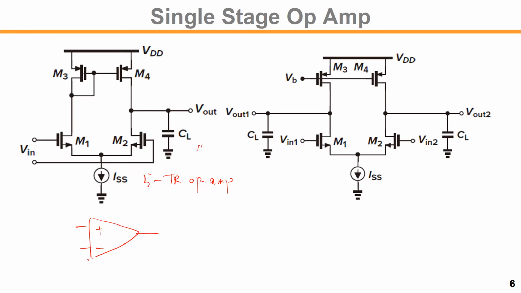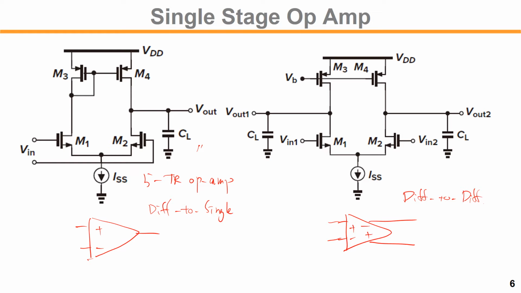It's voltage input and voltage output, right? And for the single stage operational amplifier, here on the right we have the voltage input and voltage output, but we have the differential. So it's a symbol like this. So this is a diff to single-ended operational amplifier, right?